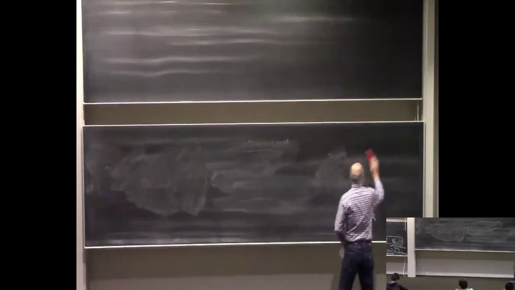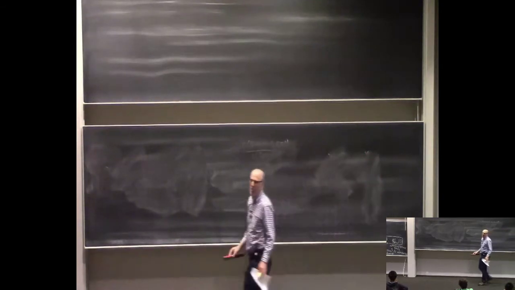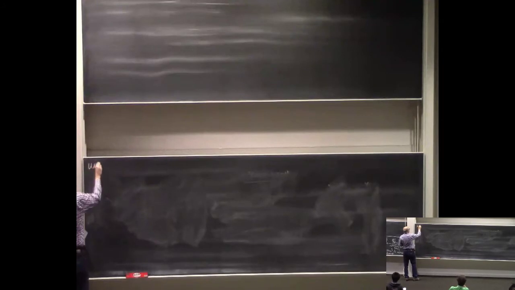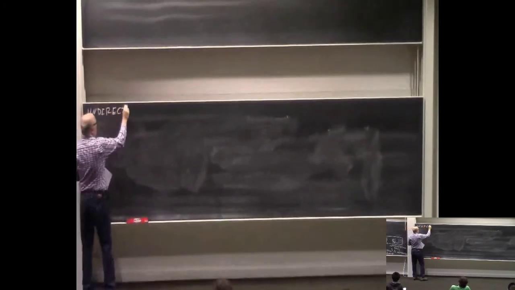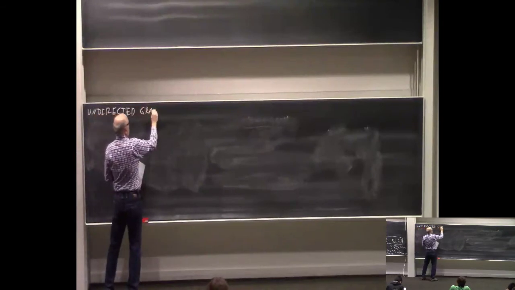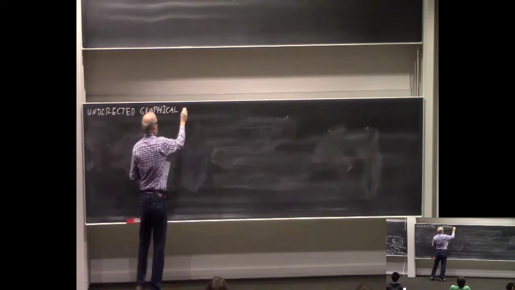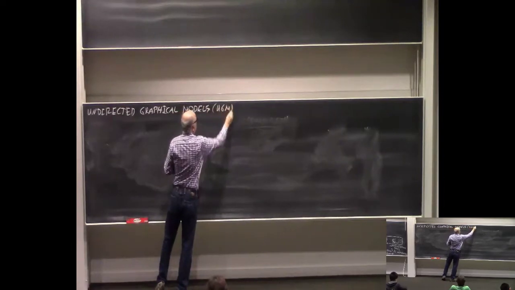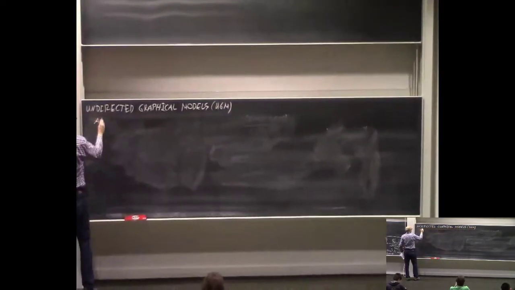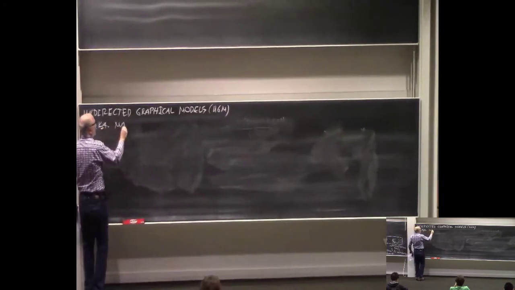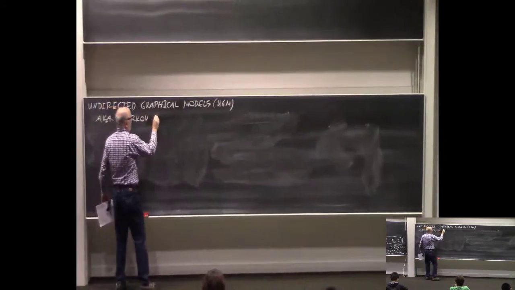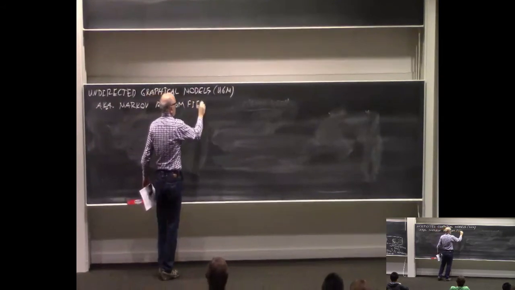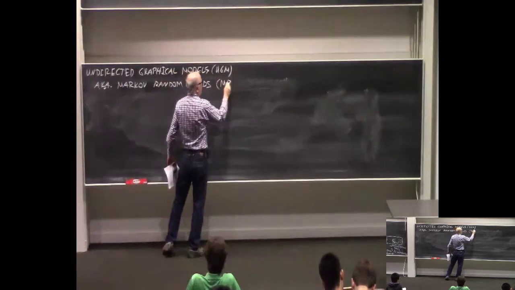I prefer to use the terms directed and undirected graphical models because they're much more descriptive. They tell you exactly what these are.